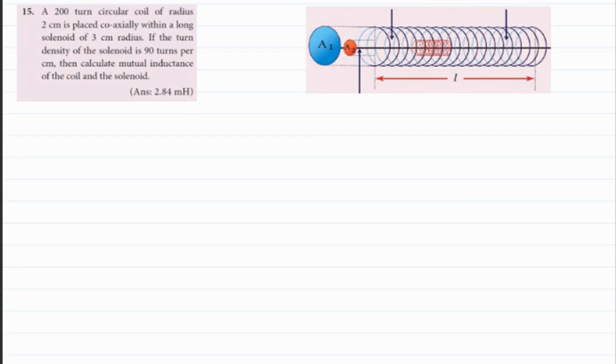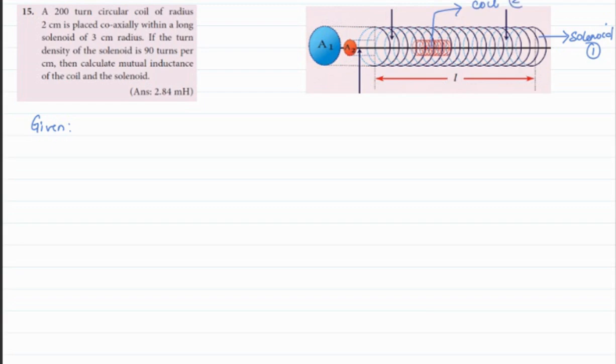So given, as in the last problem, the one outside is taken as the solenoid. Take solenoid as 1. The circular coil inside, in red color, take it as 2.